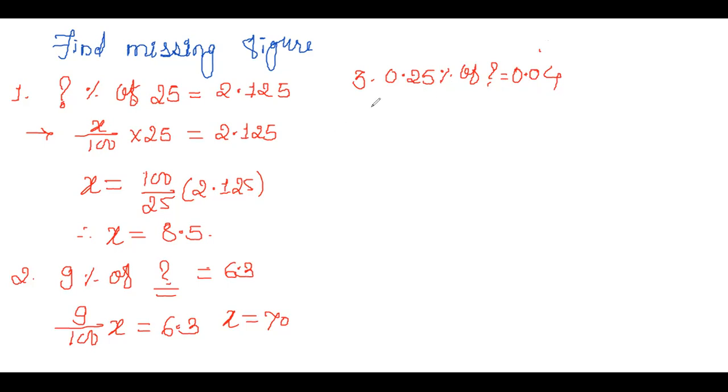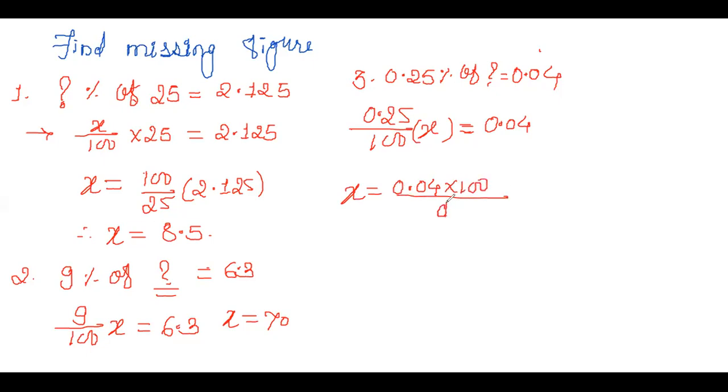Tell me what will come here. Now here it is x, so 0.25 divided by 100 of x is equal to 0.04. Calculate this. What will be the value of x? 16. Yes, it is 16. 0.04 into 100 divided by 0.25 gives 16. Okay.